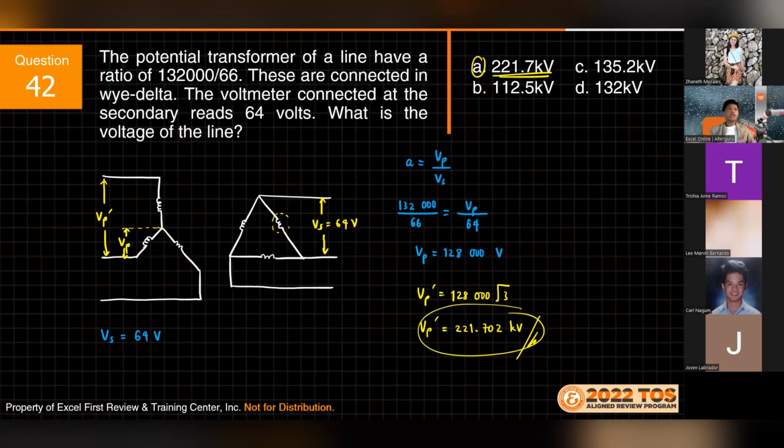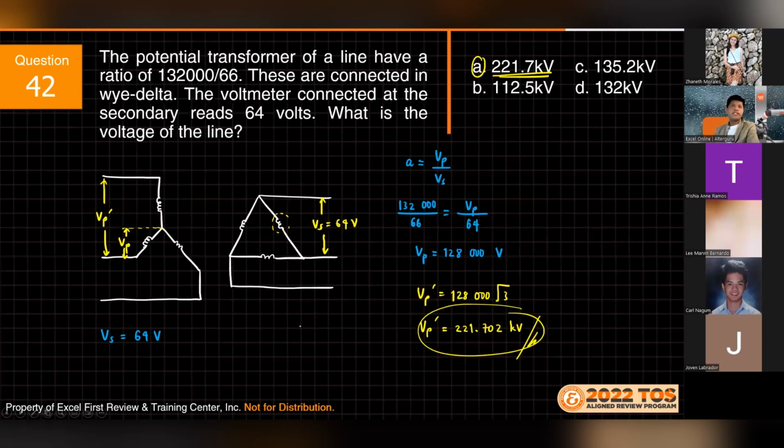Phase current of primary to phase current of the secondary. Ganun din dito. Sa voltage, phase voltage of the primary to the phase voltage of the secondary. Laging ganun. Tapos yung line naman, if you want to get that, either mag-multiply or divide lang tayo ng square root of 3. Depende sa need, no? So that will be our answer in 4.